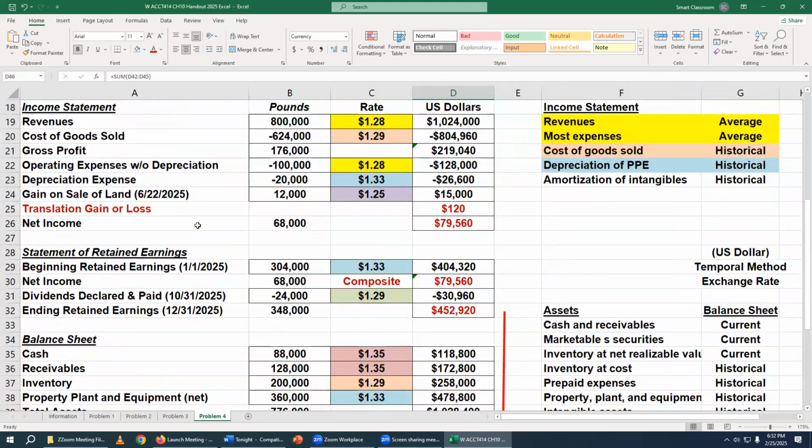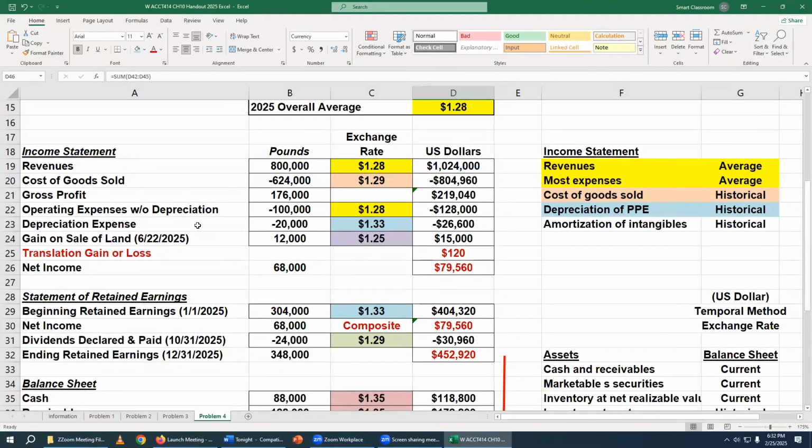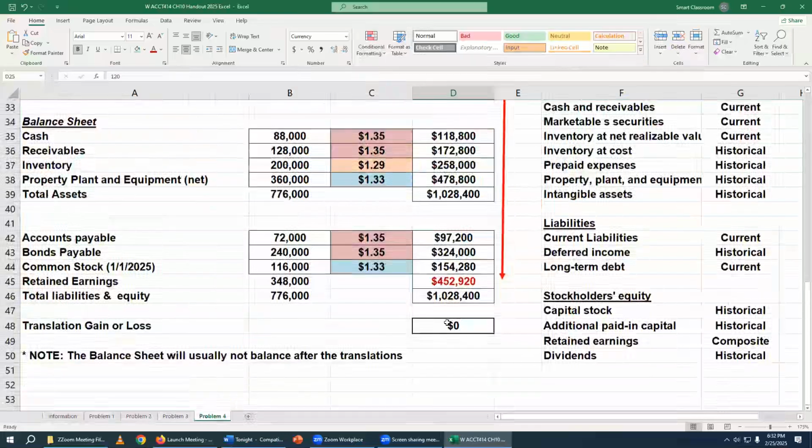It'd be shown right on the income statement. All right, any question on that?